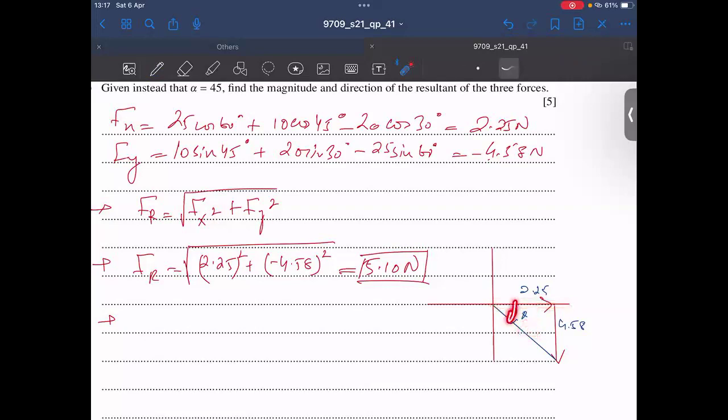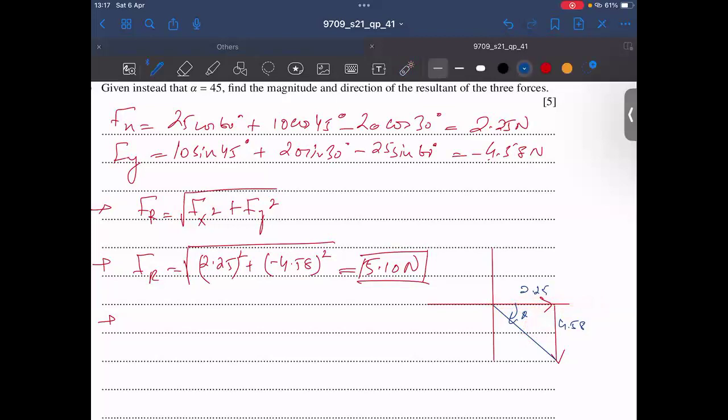This angle represents what? You are on the horizontal ground. This angle is measured from the horizontal axis, and you are moving towards the south, because this is north and this is south. From east, you're moving towards south, so south of east.